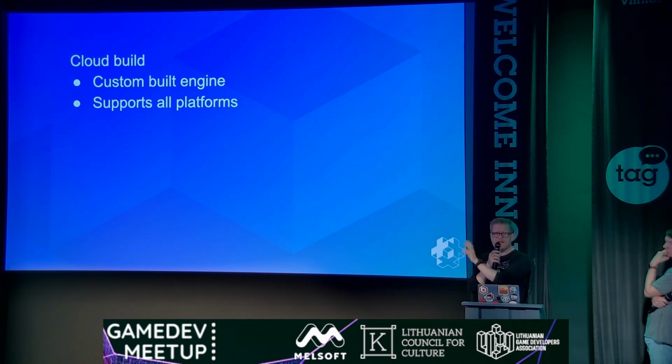The build server has all the SDKs for all the platforms, so it is pretty large. But it empowers you because you can do so much more on your own. You don't have to care about these SDKs. And quite often, our users use these extensions without knowing that they're getting a custom built engine for their specific purposes, which is super powerful.